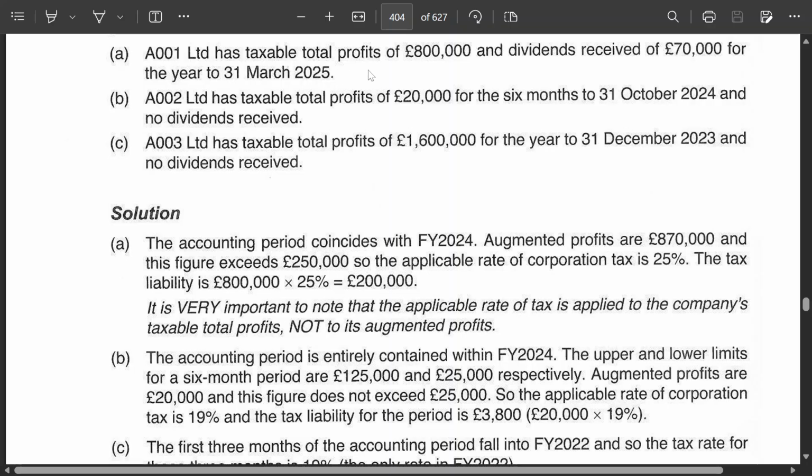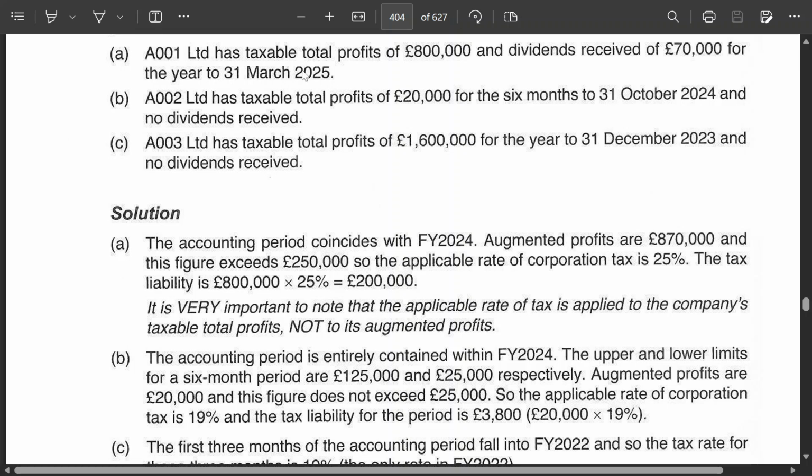All right, so number 1, okay, so 800,000 and dividends is 70. So that means your augmented profits is 870. Okay, so the augmented profits definition, that's not in the tax tables. So you need to remember that. Okay, your augmented profits definition, AP. Right, so what do we do here?